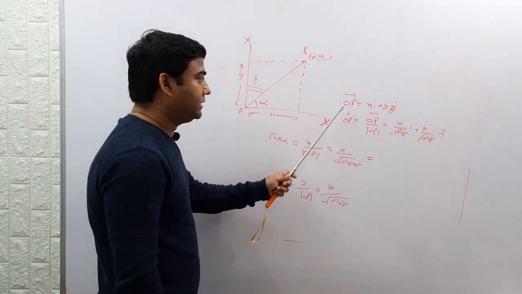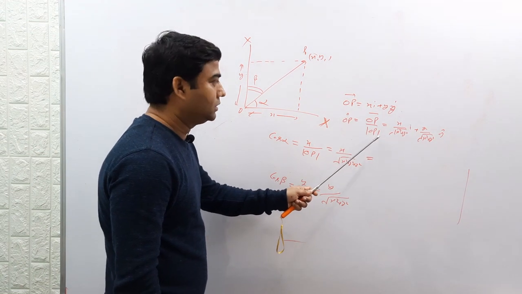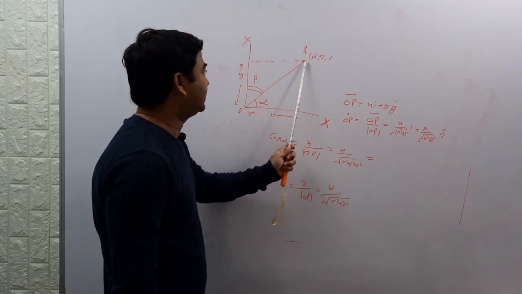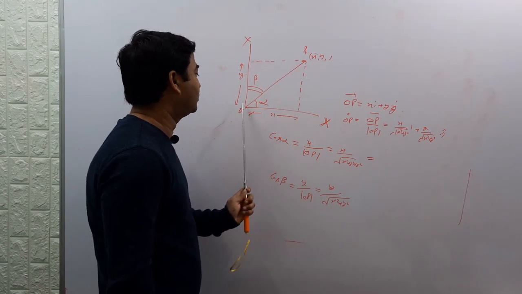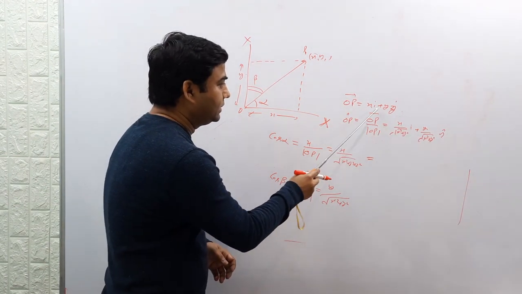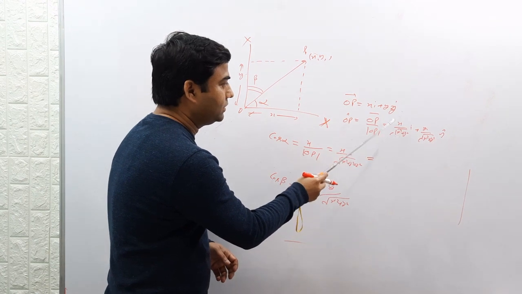This is the unit vector in the OP direction, that is, vector OP divided by its mod. Mod of OP is under root x square plus y square by Pythagoras theorem, the distance OP.